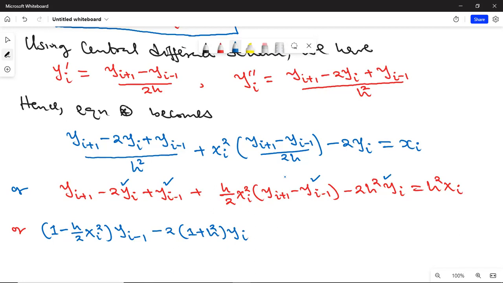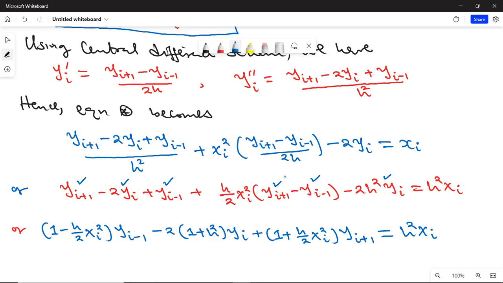And those of yi plus 1, here we have 1, and here we have h over 2 xi squared as a positive. So it's plus 1 plus h over 2 xi squared. The coefficients of yi plus 1. On the right hand side, we have h squared xi.